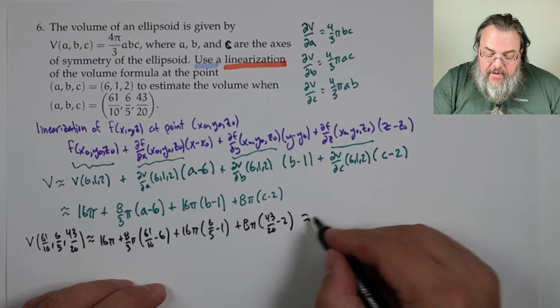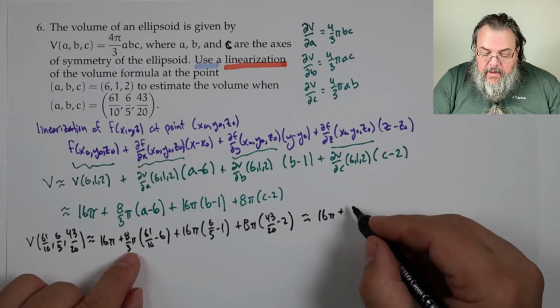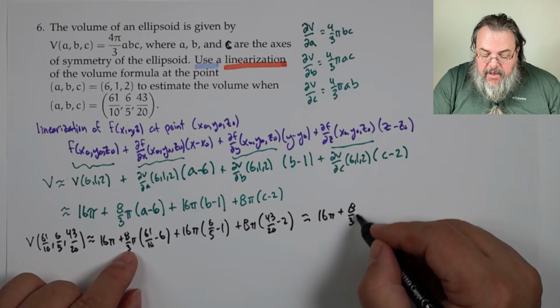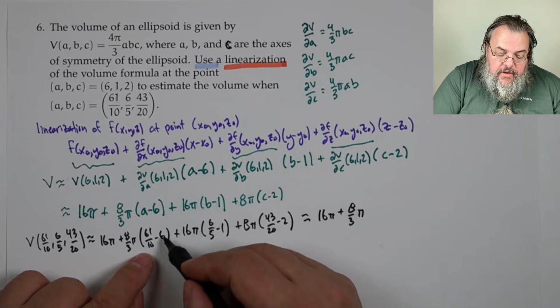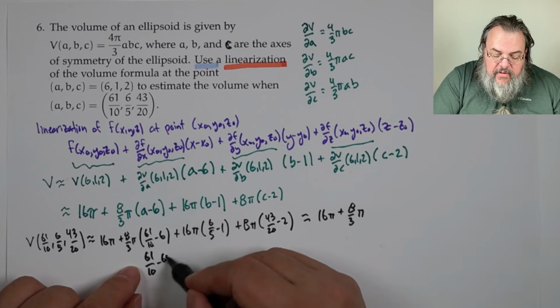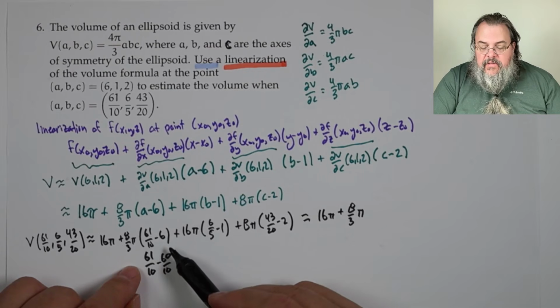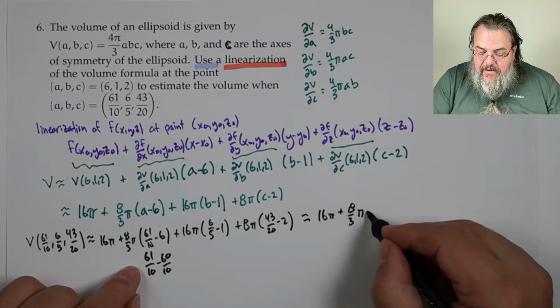Well, what is that? That's 16 pi plus, we have 8 over 3 pi. Now, here, this 6 is what? Well, we can write it as 60 over 10. And so we have 61 over 10 minus 60 over 10. So that's times 1/10.